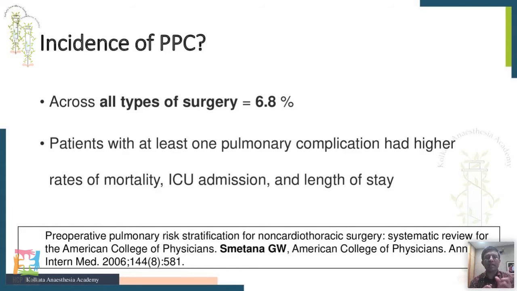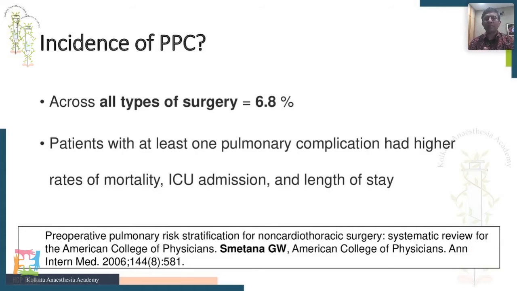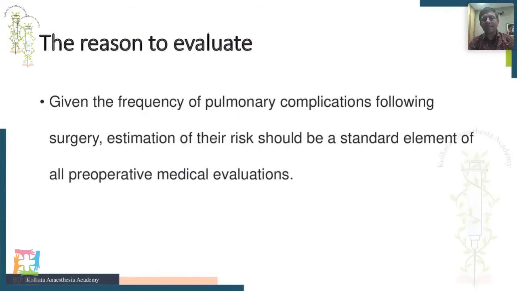With one pulmonary complication, there is an associated higher rate of mortality, ICU admission, and length of stay. At times we do not think about pulmonary complications, but to me they are as important as cardiovascular complications, because the rates of cardiovascular complications are lower than what is being quoted in this slide.